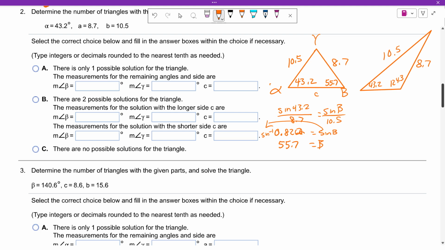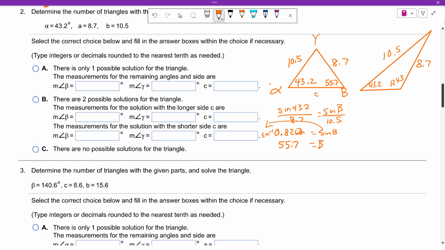And you get 0.8262, right? You get the exact same number. So when you take the inverse sine of 0.8262, is it 55.7 or is it 124.3? Which one is it? We don't know. That's why it's ambiguous. Something that we really don't know is ambiguous.